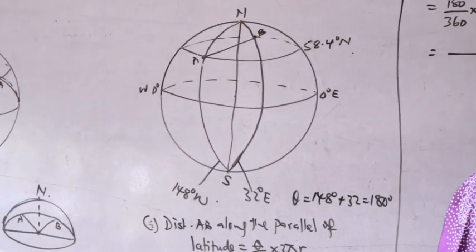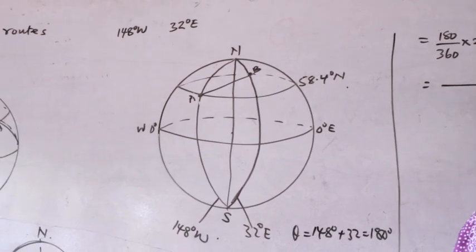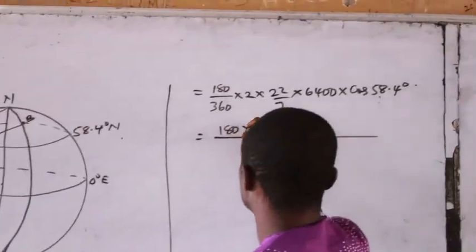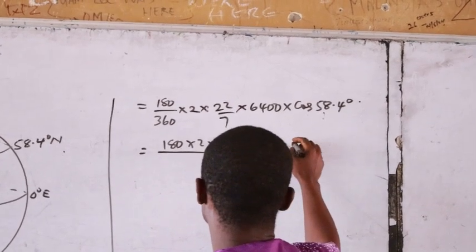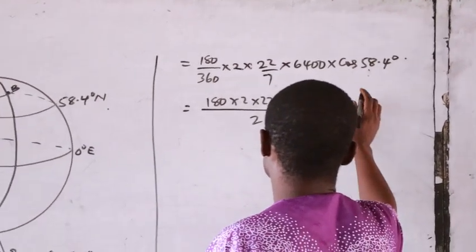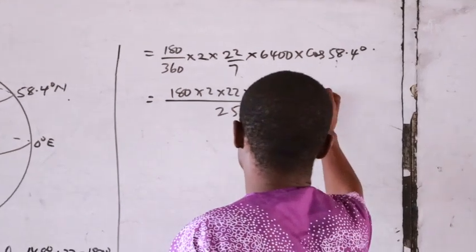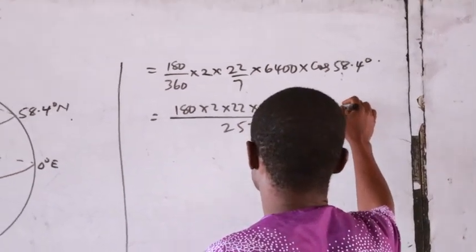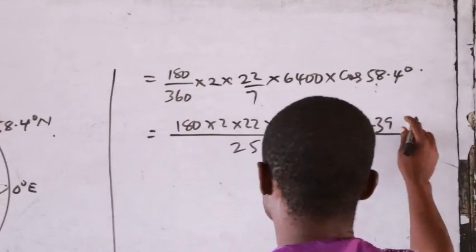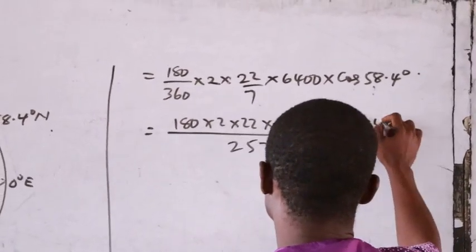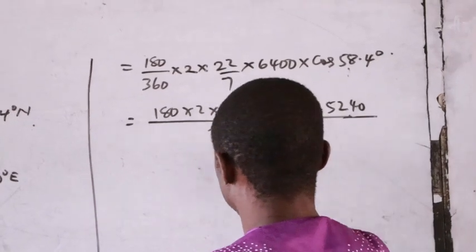Now we have 360 times 7 is 2520. 180 times 2 times 22 times 6,400 times cos 58.4, which is 0.5239, approximately 0.52.